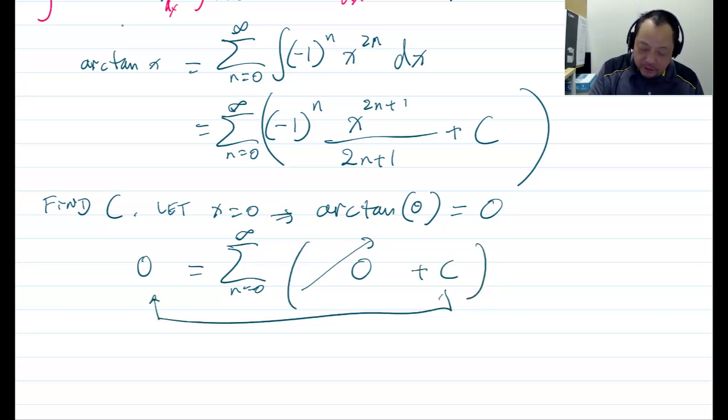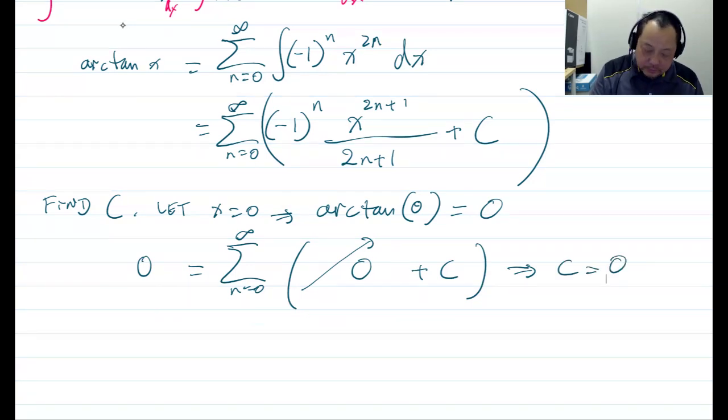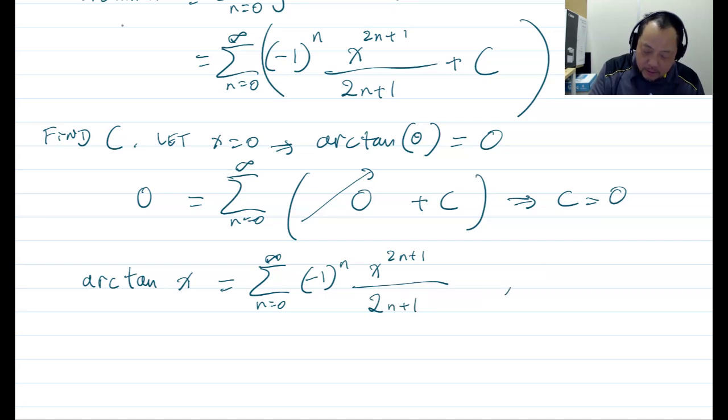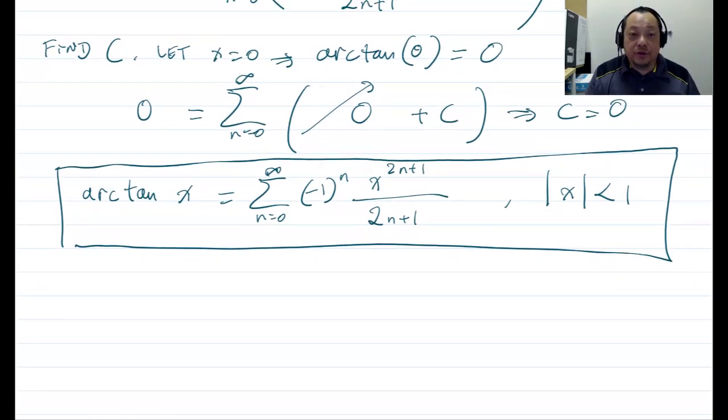And therefore, that tells me that c is equal to 0. That's my final answer, arctangent. And the interval of convergence is absolute value of x less than 1. For this answer, I don't bother fixing the power of x, because when you have x to the power 2n plus 1, that's telling people that we're taking odd powers of x, and so it's fine as is.